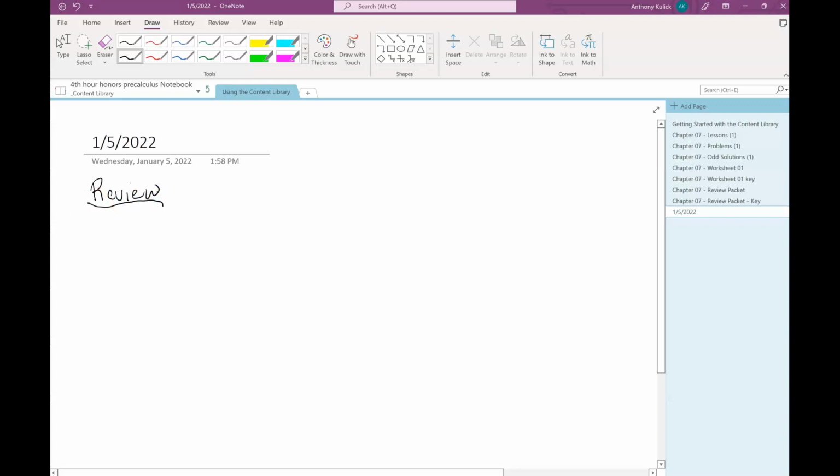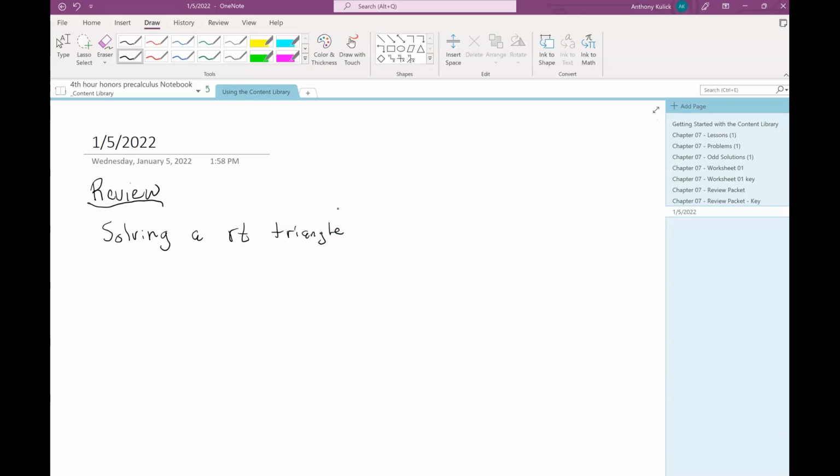So one of the main ideas that we're going to be looking at in chapter 7 is this notion of solving a triangle. This is something that we've done in our geometry class, specific to right triangles.